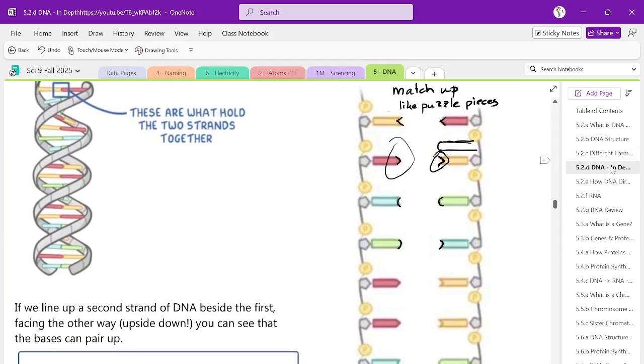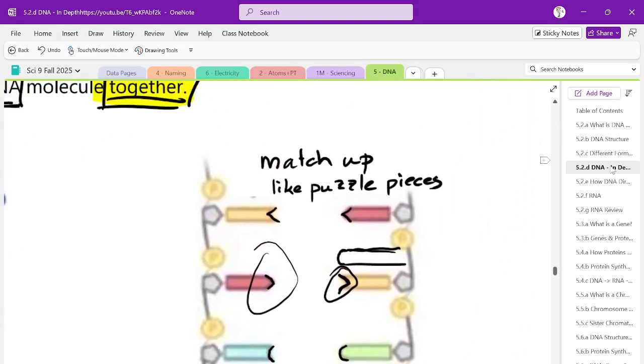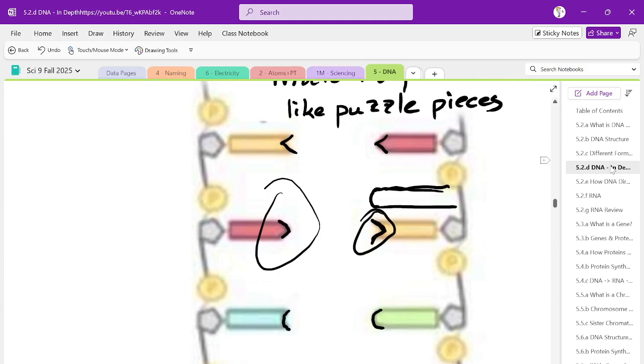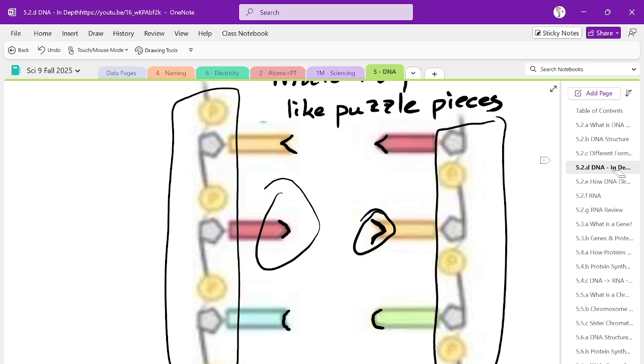So these guys match up, and this is an enriched thing, but what do you notice about the sugar phosphate backbone over here compared with the sugar phosphate backbone over here? They're the other way. One is upside down. Yes? So this one goes sugar, phosphate, that one goes phosphate, sugar. But they do line up like this, so they are parallel, yes?